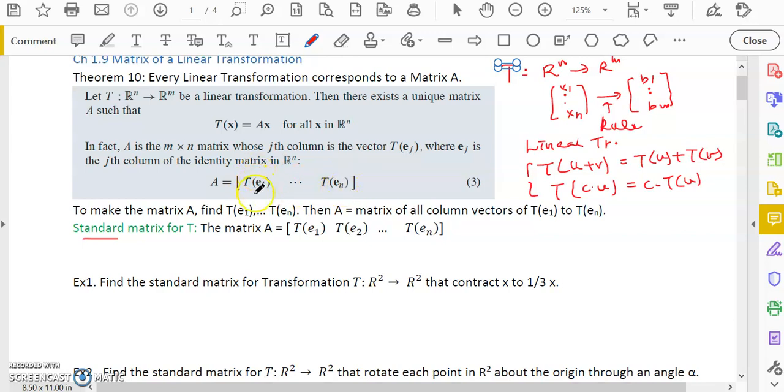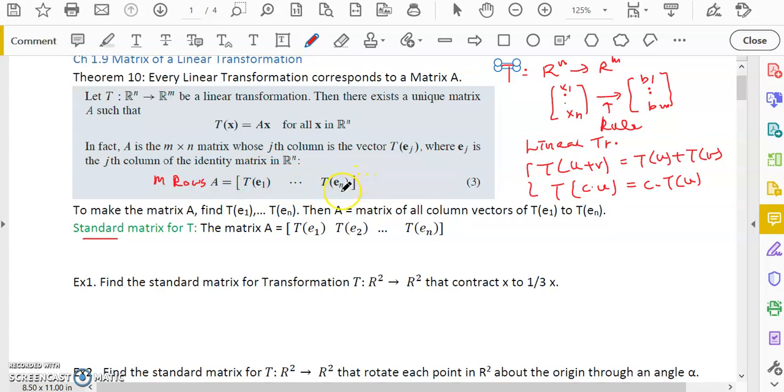So you have n columns, each a vector in Rm, because there are m rows, but n columns.